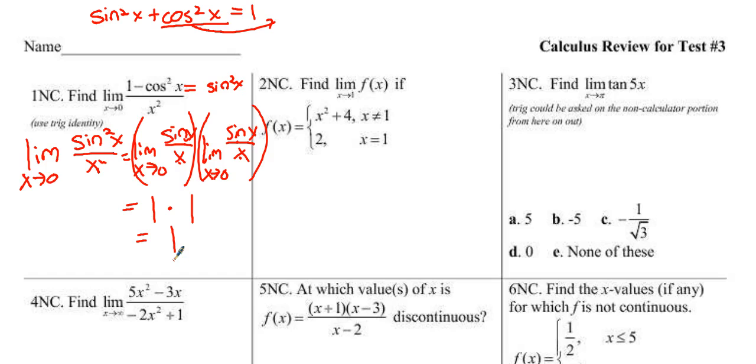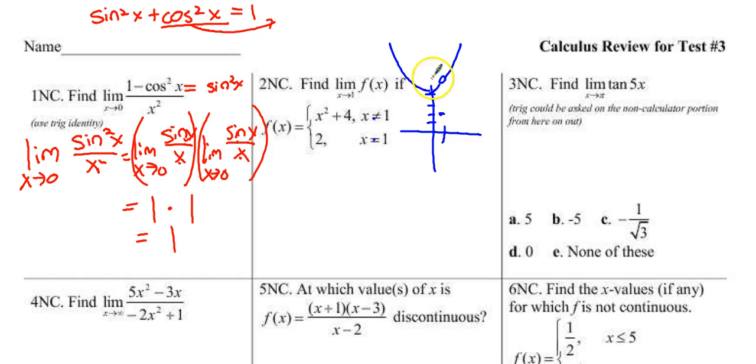For number 2, find the limit as x approaches 1. Well, this one you don't have to test both. You only have to test both on greater than or less than. This one, what you really have going on here is we have a parabola that moved up 4, and at 1 it jumps off that parabola and goes to the y value of 2.